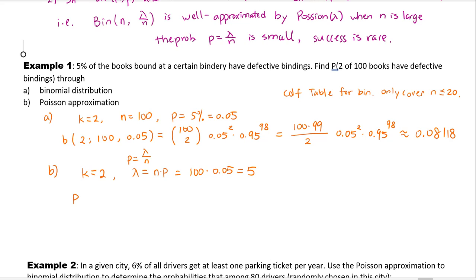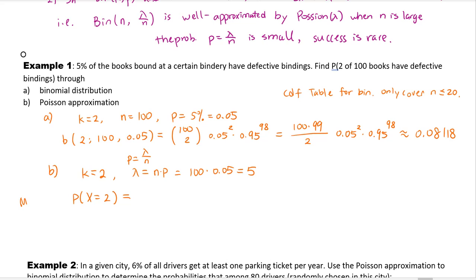So we want the probability x equals 2. There are 2 ways to compute the Poisson distribution. One is using the Pmf. The other way is to use the CDF, which is table 2. So I'm going to do both ways with you.